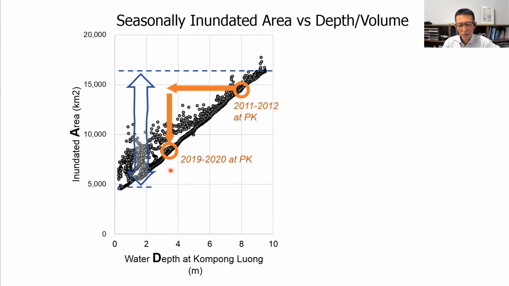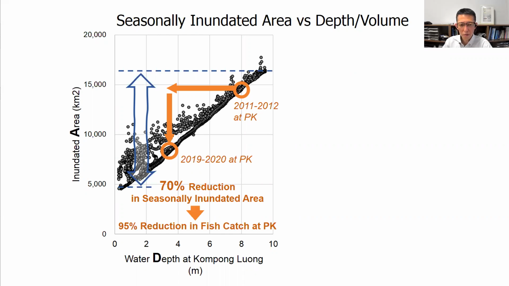So this year was quite dry. The peak water level was only 3.5 meters, which is much lower than this level, which is 8 meters. And partly because of this reduction in the peak water level, they also observed a reduction in the fish catch.